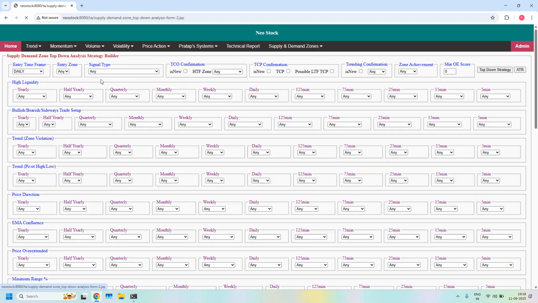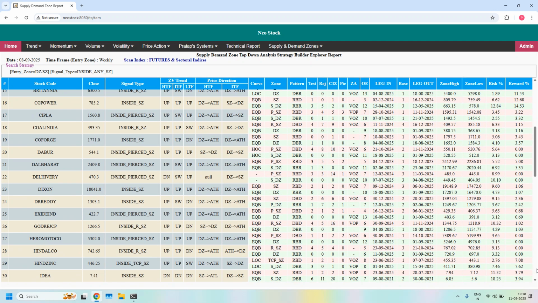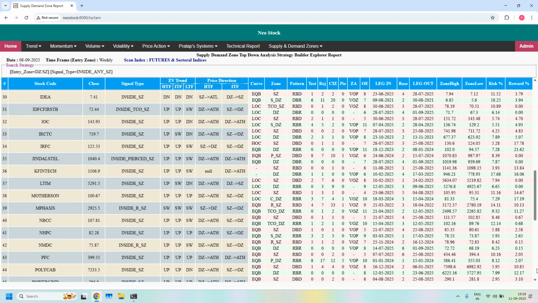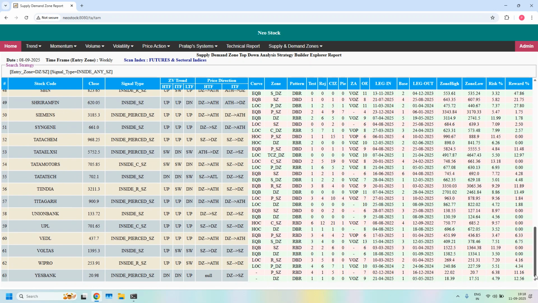Next, the price closed inside the weekly supply zones. First 15 stocks in the list. Scrolling the list down. 63 stocks are filtered.